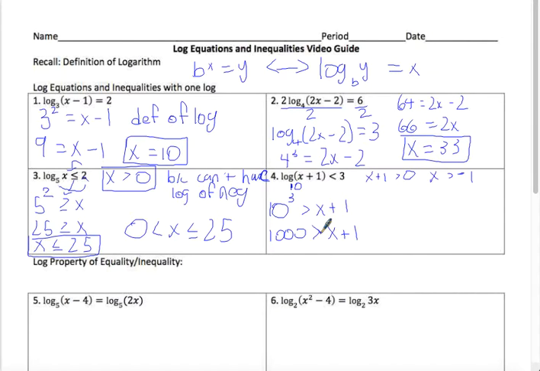Then I'm going to switch the side, so x is less than 999. And x is greater than negative 1. Both of these have to fit in our solution. So we get negative 1 is less than x, less than 999.